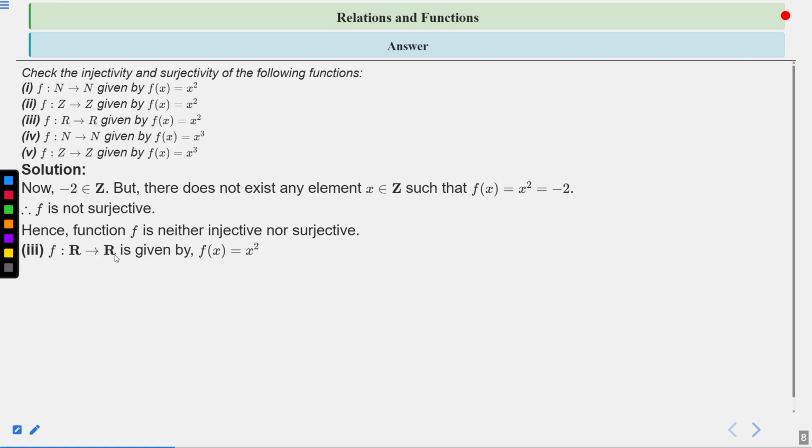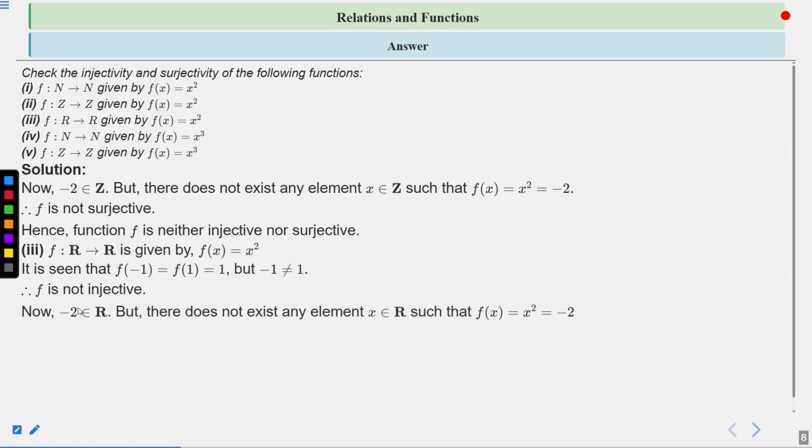Third, function defined from the set of reals to reals given by f(x) is equal to x square. It can be easily seen it is not 1-1. Why? Because f of minus 1 is the same as f of 1, which is 1, but minus 1 is not the same as 1. So you are having the same output for two different inputs, so not 1-1, not injective.